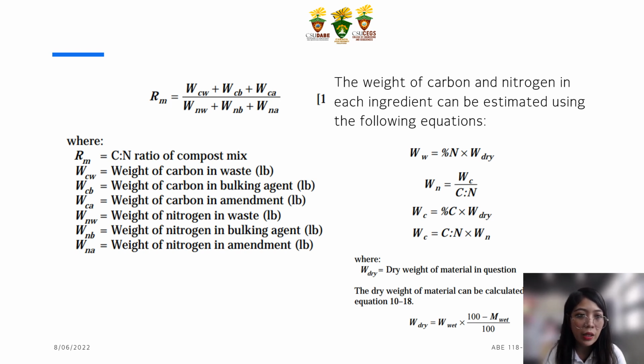So the general equation for estimating the CN ratio of the compost mix is given by Rm is equal to the weight of carbon in waste plus the weight of the carbon in bulking agent plus the weight of the carbon in amendment, over the weight of nitrogen in waste plus the weight of nitrogen in bulking agent plus the weight of nitrogen in amendment.